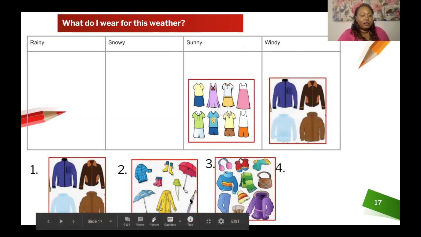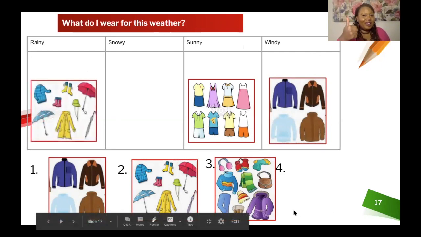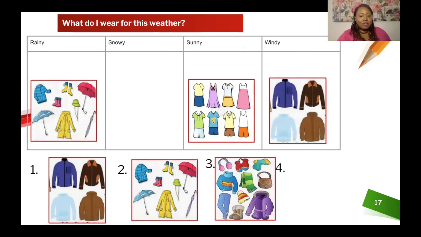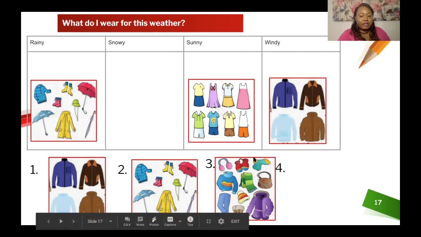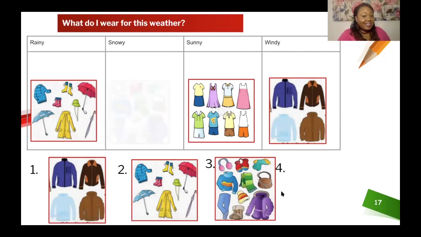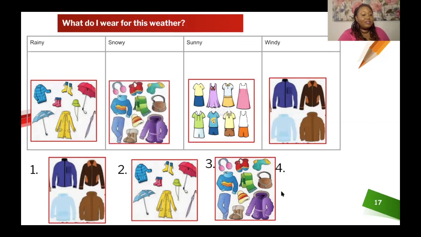When would you wear these clothes? When it's rainy or when it's snowy? If you said rainy, you are correct. And last but not least, when would you wear number 3? If you said snowy, that is correct.